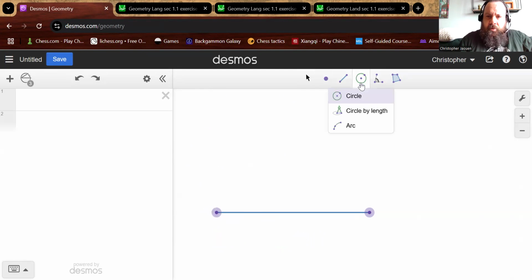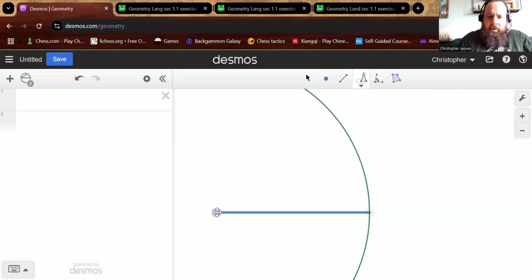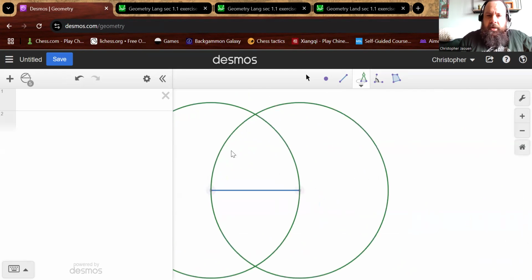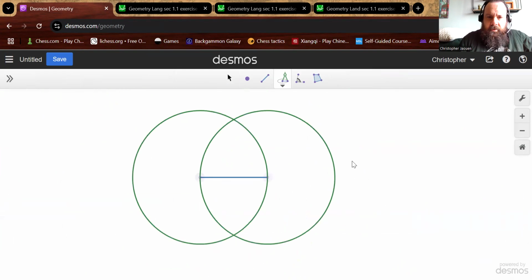So go to the circle, click on length, and I'll draw 2 circles that have the same radii. There we go.